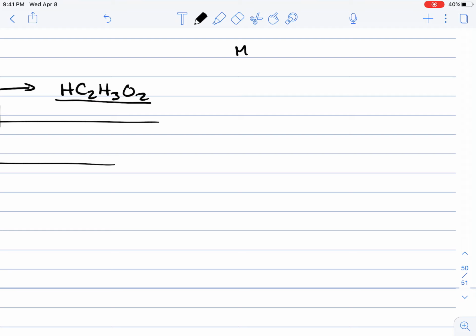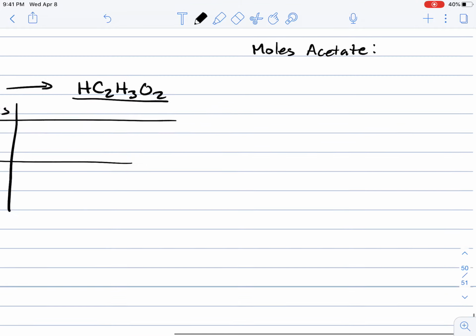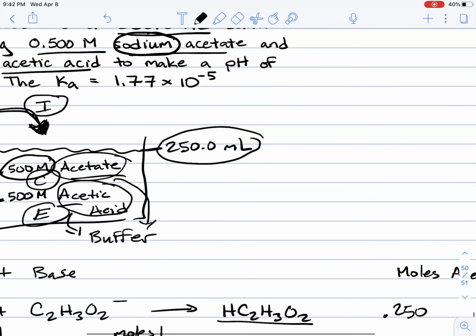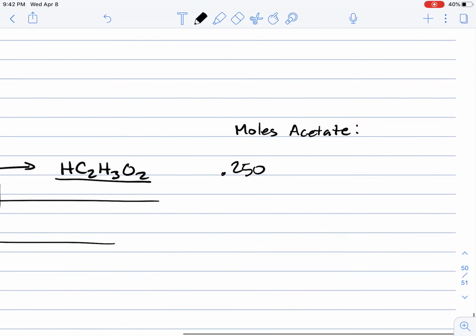And so for moles of acetate, we have 0.250. I'm going to convert milliliters into liters, so I'm moving that decimal place 3 times to the left.